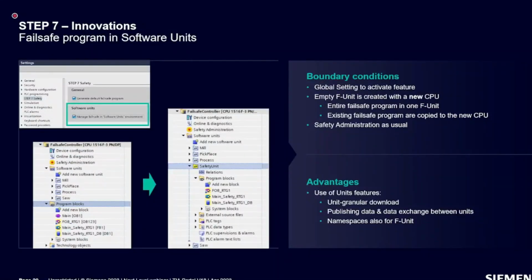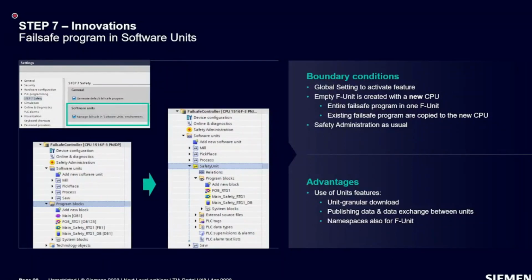The second innovation is that now the fail-safe program can be incorporated in the software units. In previous versions, we could not incorporate fail-safe units in software units. With version 18, you can incorporate fail-safe programs in the same software units. To enable it, there is a global setting: you should enable manage fail-safe in software units environment.